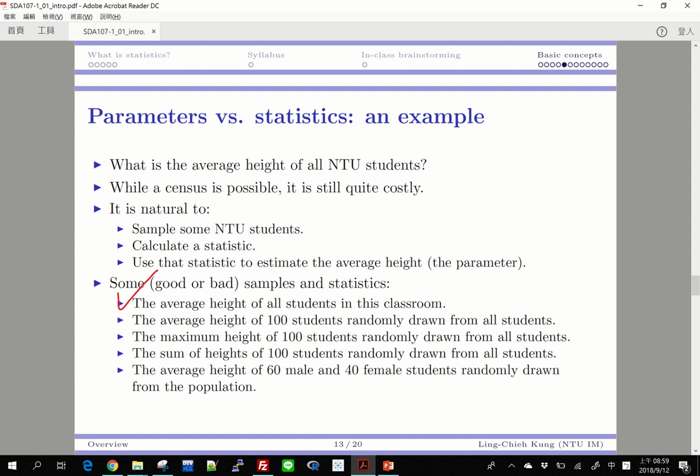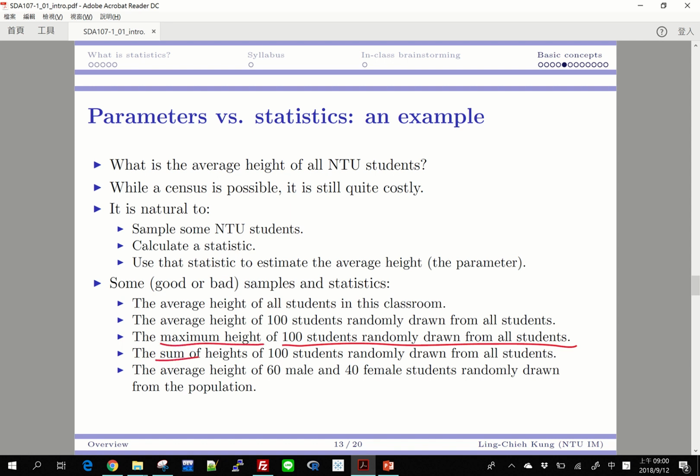So in that case, maybe what I should do is that I should randomly draw 100 students and get their average height. That may be a better idea. Okay, or if I get 100 students randomly, there is really no one who says that I need to calculate their average height. I can also take their maximum height, right?